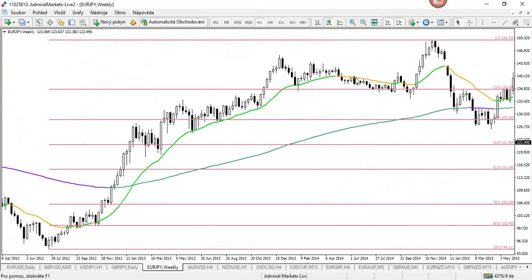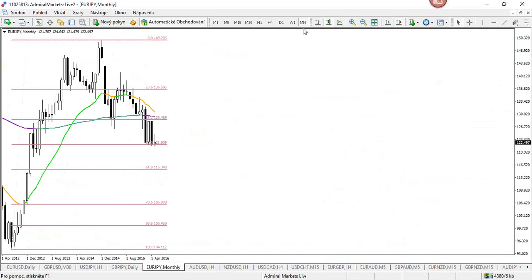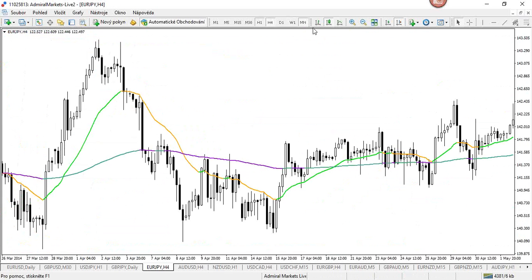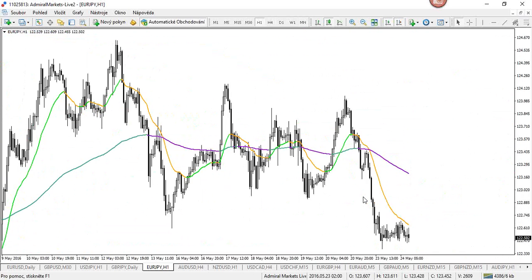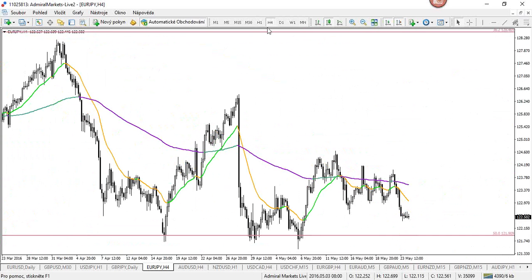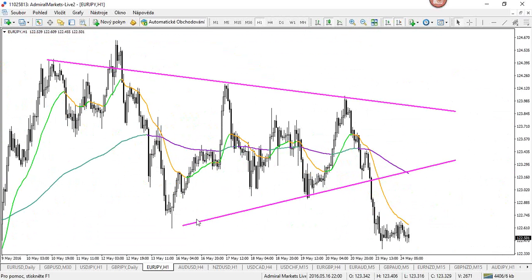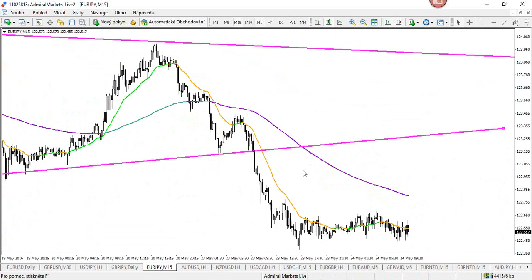And last but not least, the Euro Yen. Triangle right there on hourly. Okay, so let's go to the 15.